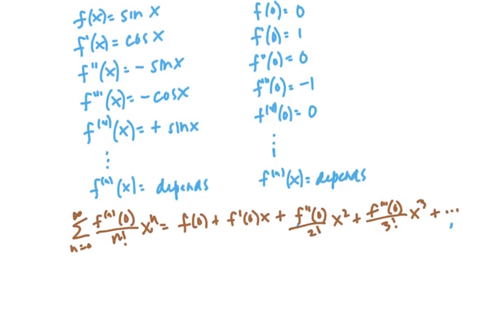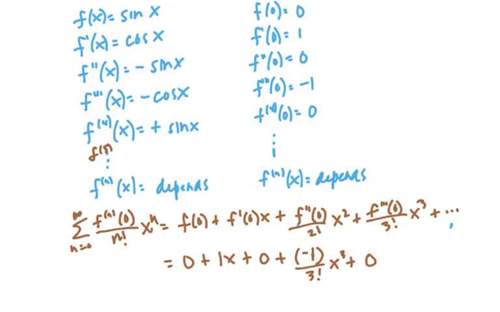So let's fill these in. This means we have 0 plus the first derivative at 0 is 1 times x plus the second derivative is 0 plus the third derivative is actually negative 1 over 3 factorial x to the third, plus the fourth derivative is 0. Let's fill in the fifth derivative. Let's go back.